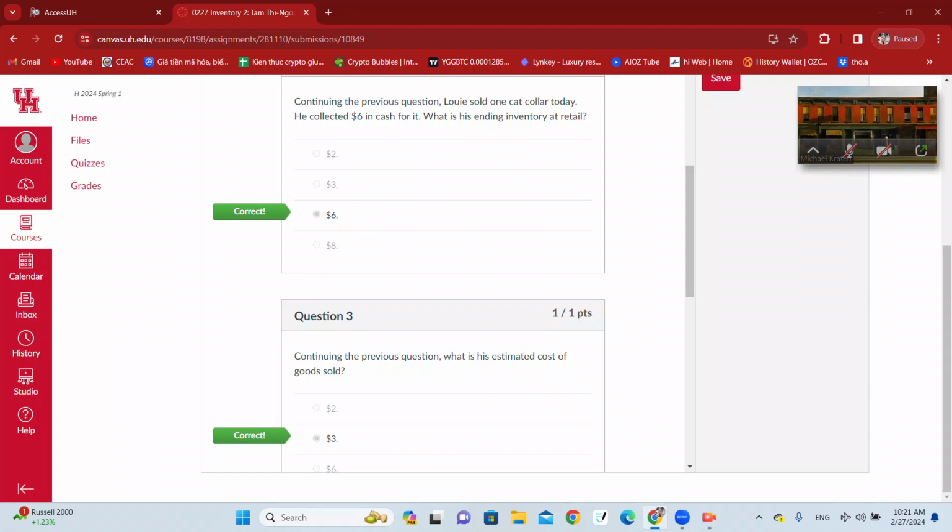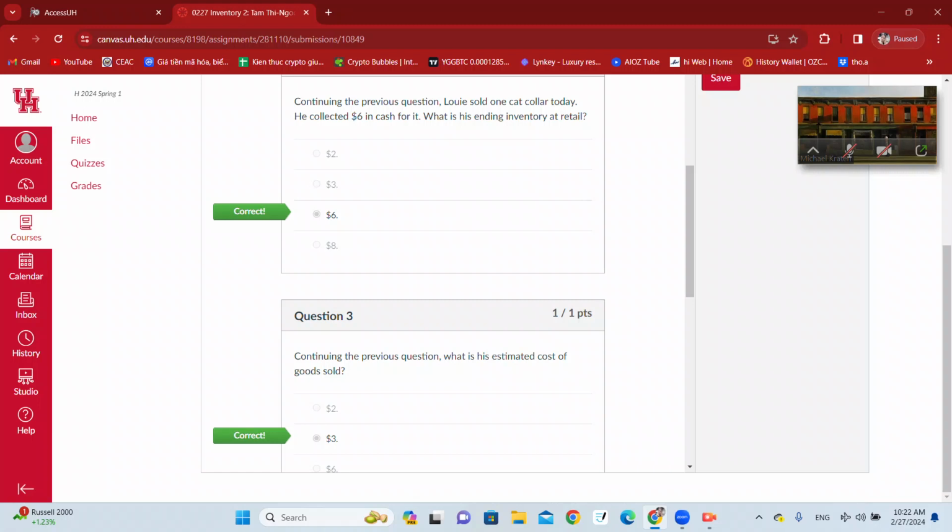If the good in inventory at the end of the day, ending inventory, has a retail value of 6, and my cost value is 50% of my retail value, my ending inventory at cost must be 3.